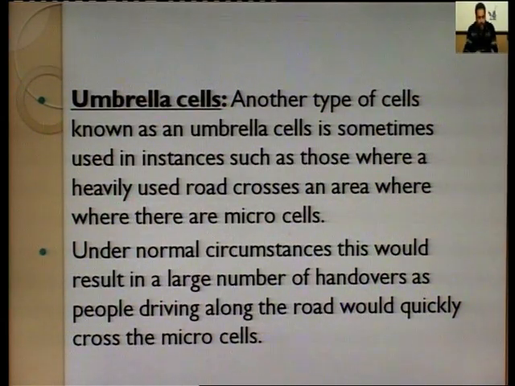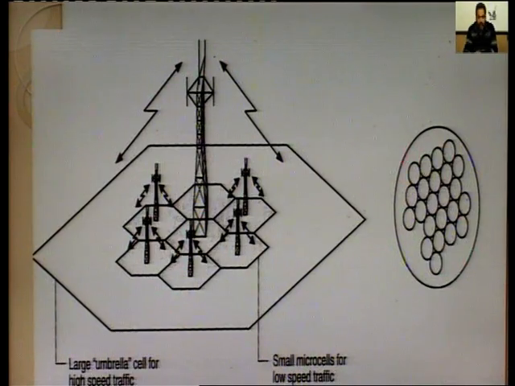What are handovers? People driving along the road would cross the micro cells very frequently. There will be handovers or call drops if we do not provide some special tower in that area. That special type of tower provided for that area is called an umbrella cell. So, look at this diagram.